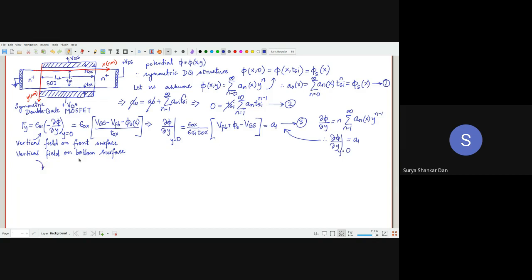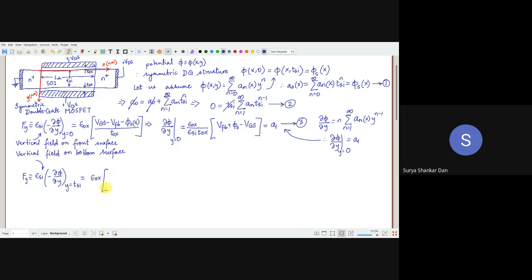But notice what is very important for us is that you are anyway applying a plus vg over here. Remember, this is a symmetric double gate, so the same potential has to be applied on the top and the bottom gates. So if it is plus vg here, automatically the field will be in the reverse direction, right? So Fy is equal to, by definition actually, epsilon si minus del phi del y at y is equal to tsi will be equal to epsilon ox.